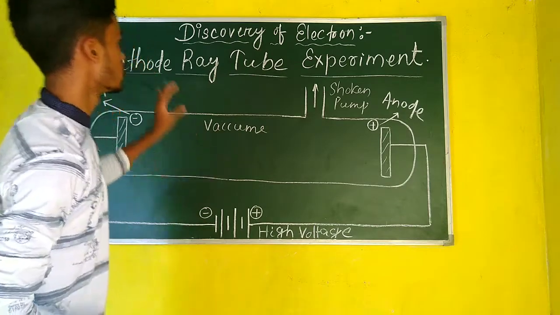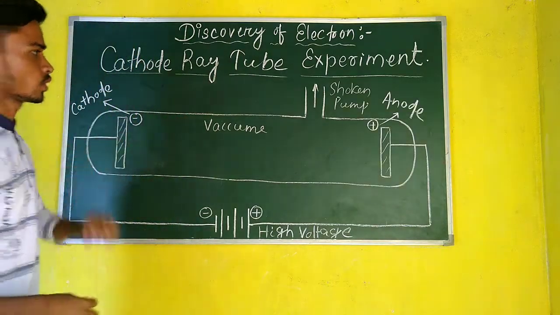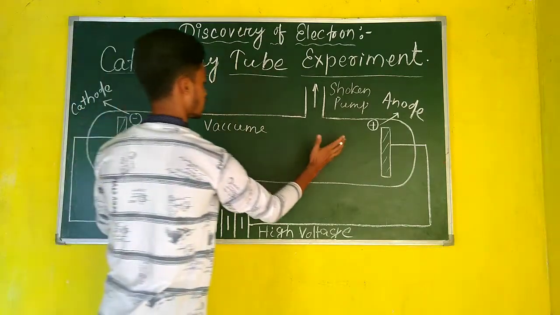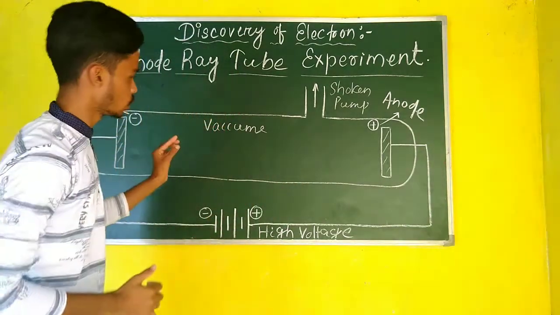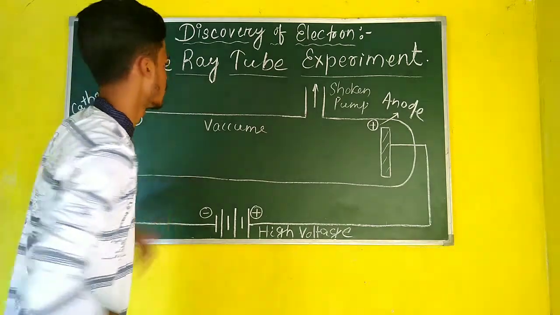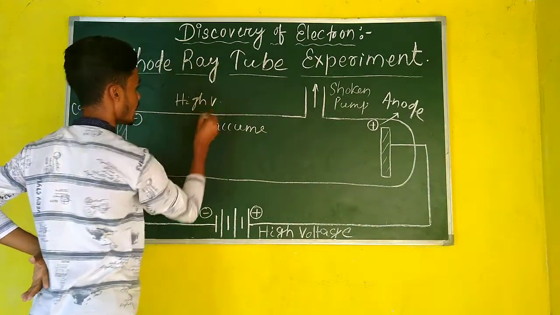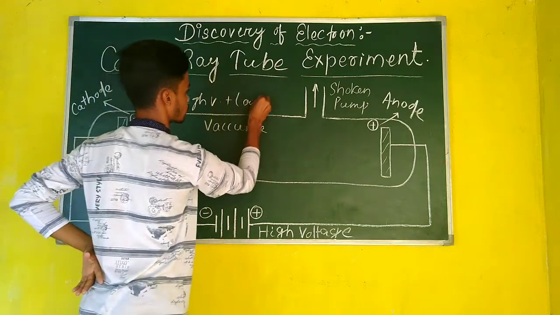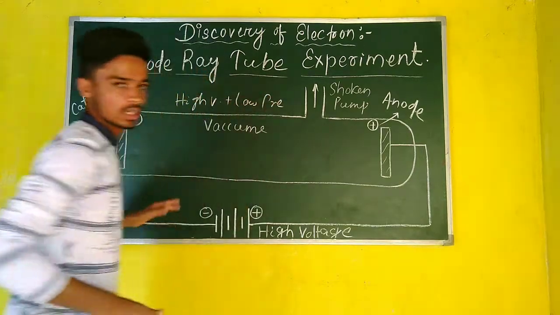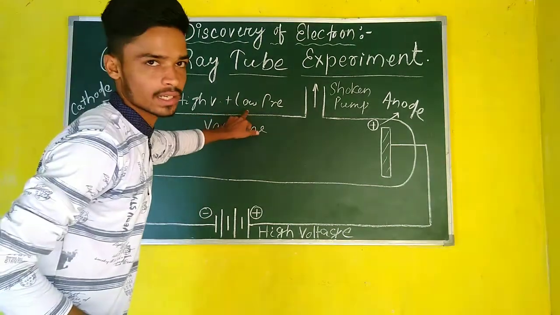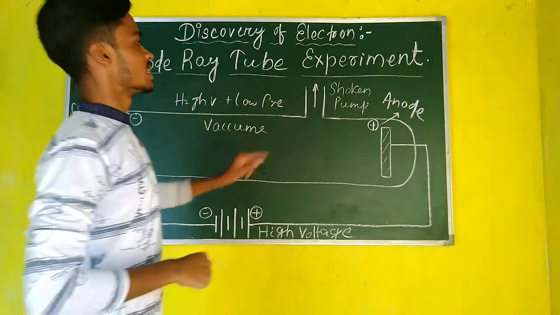So students, J.J. Thomson gives high voltage and low pressure to the cathode ray tube, and uses a vacuum pump.